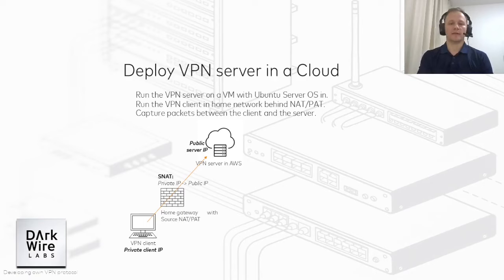And as my home computer is sitting behind a home router with NAT, when packets from the Docker container go to the cloud, the source IP address will be modified. So I'd like to test and make sure my VPN tunnel is still operational, even if the client is behind the NAT. So let's go ahead.